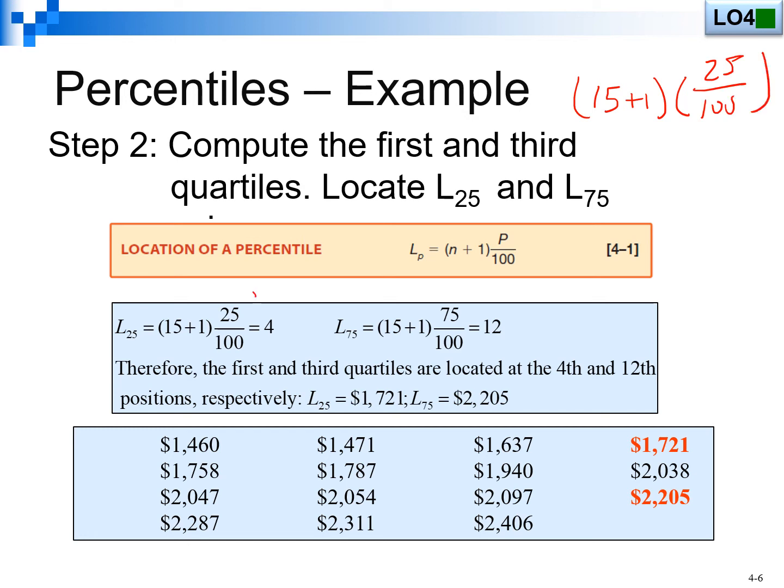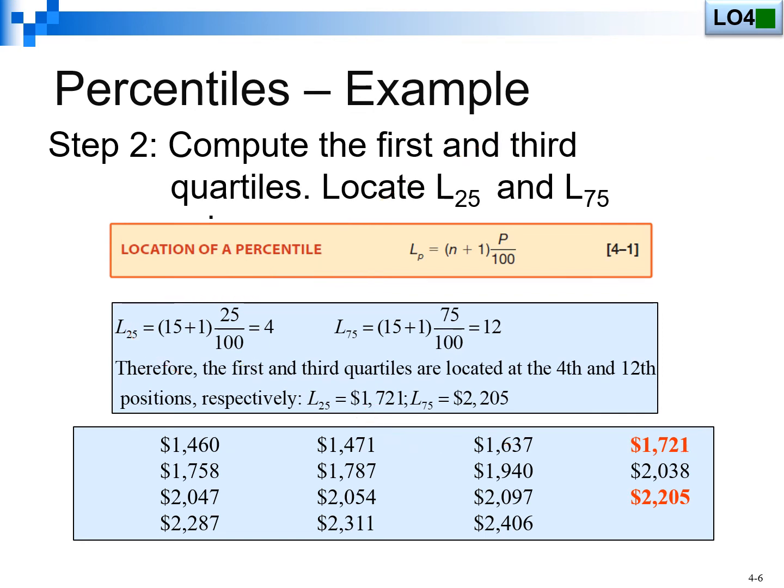They're basically showing you that right down there. What you came up with is the number 4. That means location. The way you locate it is you start counting from low to high. So remember, we go down here, we got 1, that's 2, that's 3, and then that would be the 4th position. So 1,721 would be called the first quartile, the 25th percentile, which in this case is the 4th position.